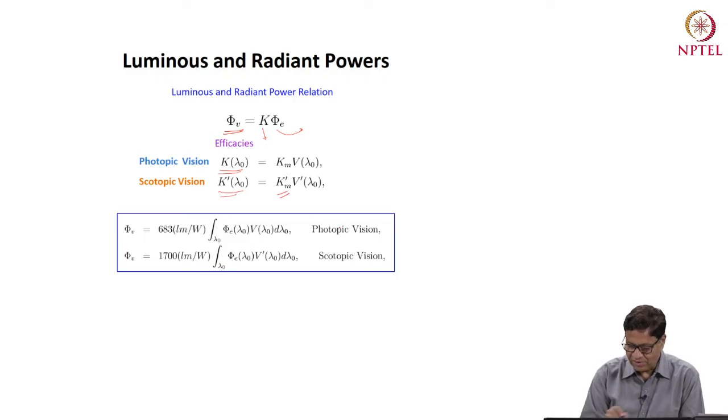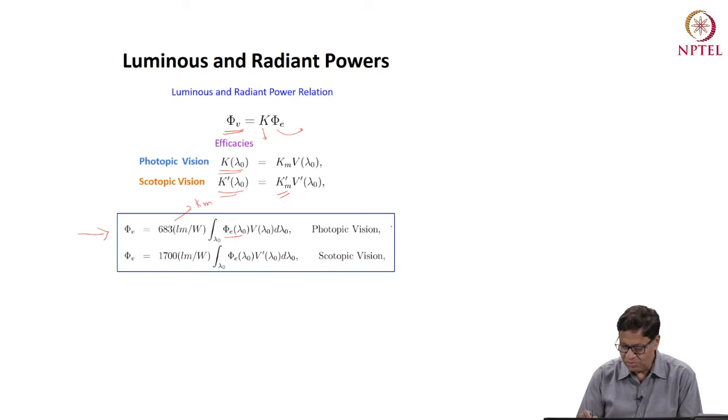Then for the photopic vision, the equation becomes phi V, which is the luminous power, equals 683 lumens per watt, which is the constant Km here, integrated over the visible range, of phi E, your radiant power, into the eye sensitivity function V lambda, d lambda.